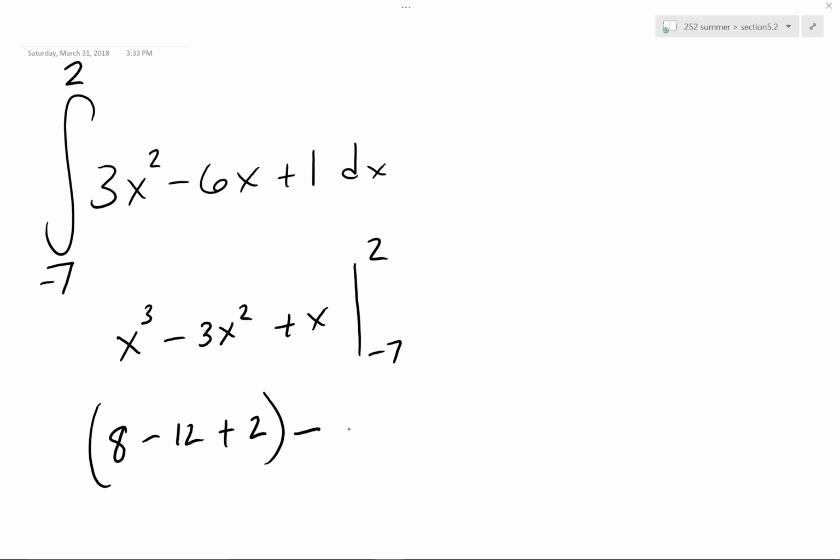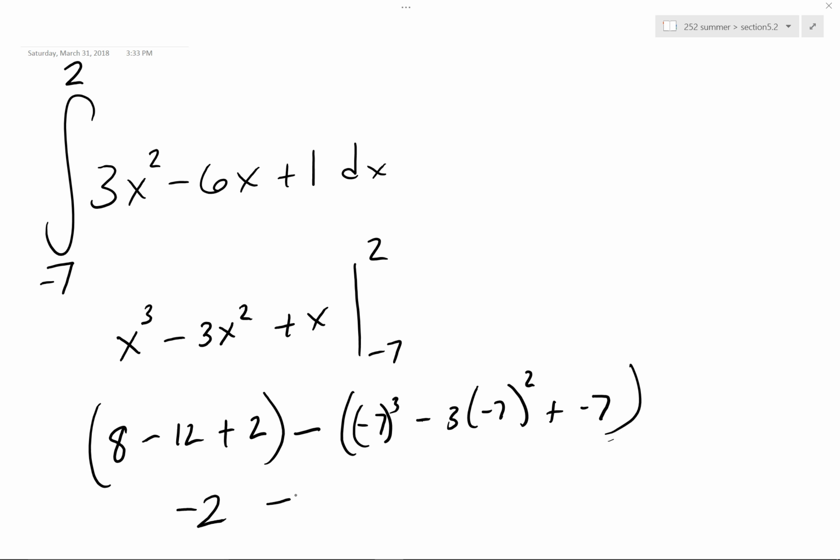Minus. So that's going to be -7 cubed minus 3 times -7 squared plus -7. This looks like -2. This looks like -343. It's positive 49. It's going to be minus 147 minus 7.